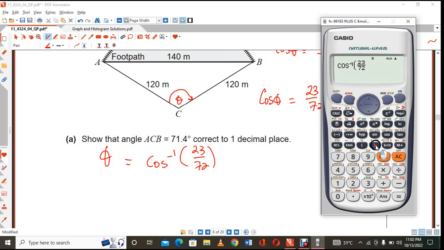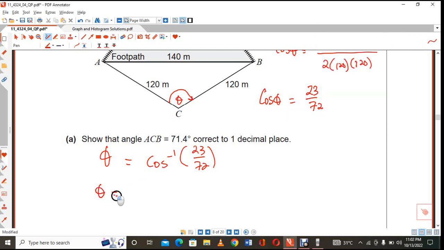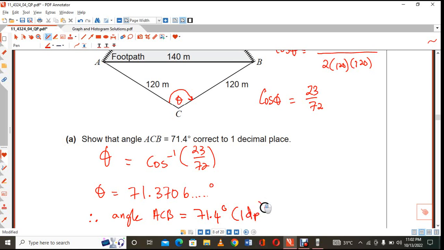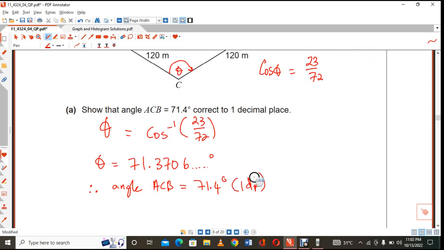You close that bracket, and then you get the angle, and you see the angle is 71.370, which to one decimal place is going to give us what is required. All right, so theta is equal to 71.3706 and so on degrees. Therefore, angle ACB is equal to 71.4 to one decimal place. Okay, so we have proved and we have arrived at that.